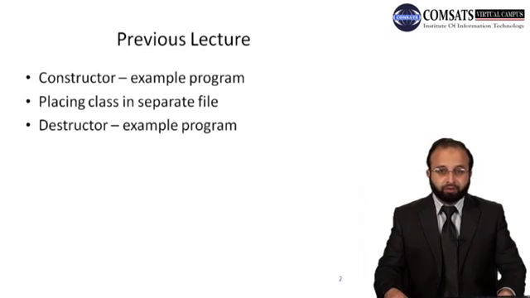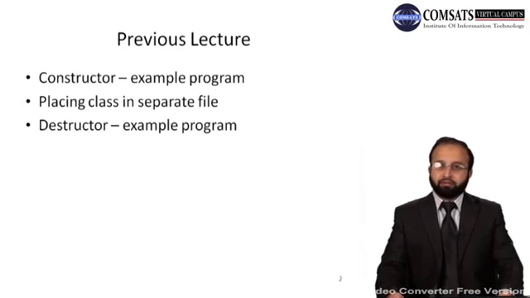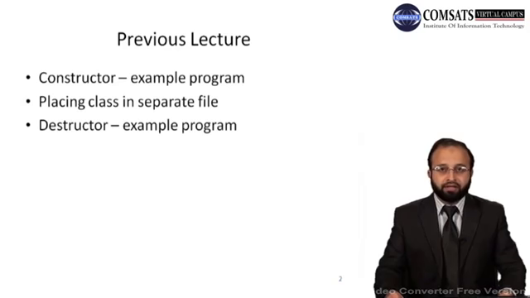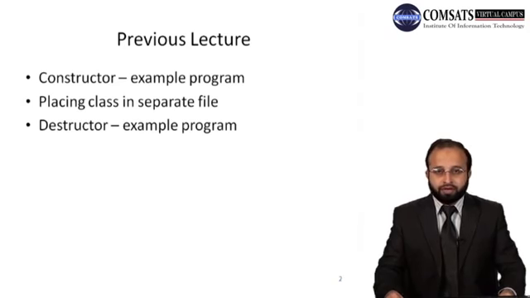And we have seen the example program that when the object of that class is created, the constructor is called implicitly, and when the object of that class is destroyed, the destructor is called implicitly. Means that automatically they are called. The user does not need to call them explicitly, like the user needs to call the other member function of the class using that object.